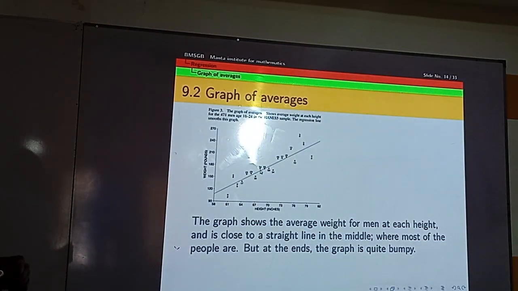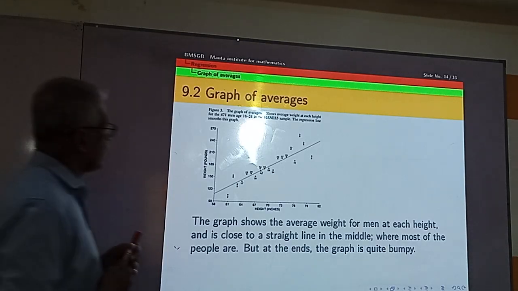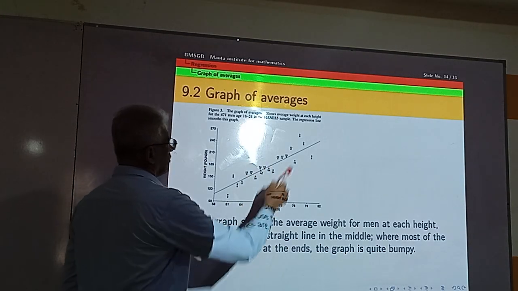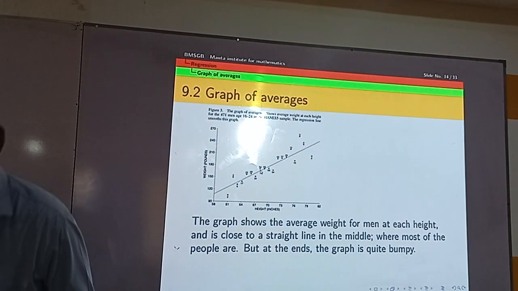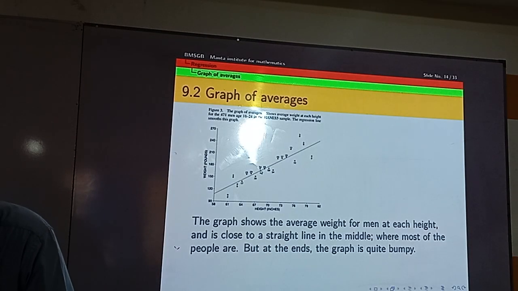Why does that happen? Right? If you look at the number of observations in the middle, there are a large number of observations of weights for different x. For example, 54 observations, 68, 59, 64, 40 and so on. But at the end there are only few numbers, 2 here, 2 points here and so on.